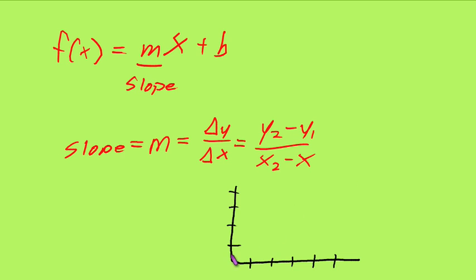Let me draw 2 points here. 0, 1. 1, 2, 3, 4. And another point, 4, 3. And let's create a line that connects through these 2 points here.